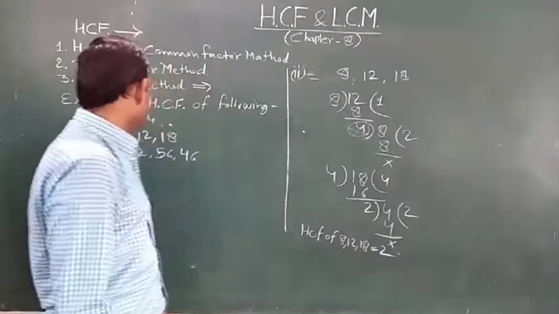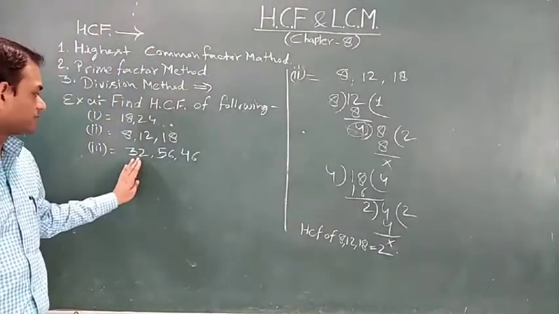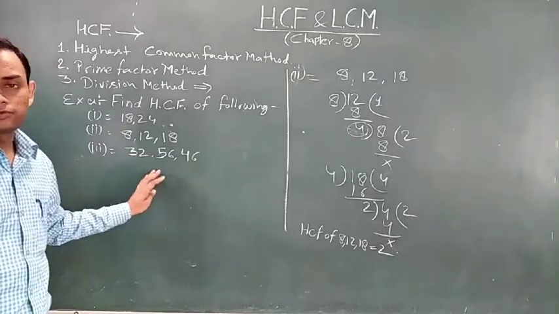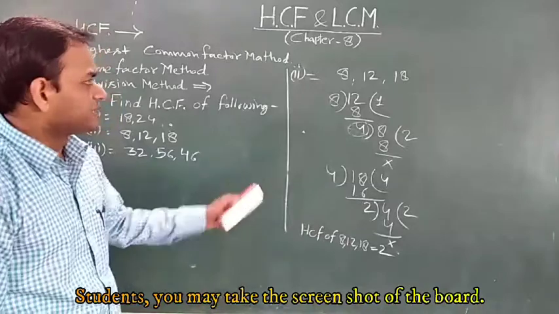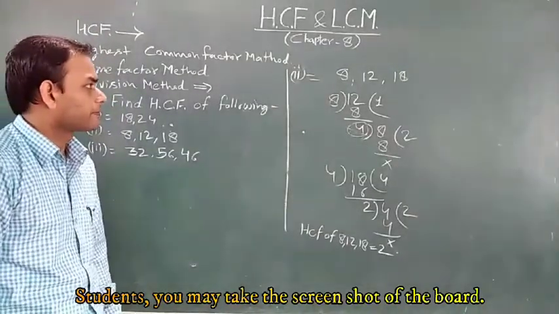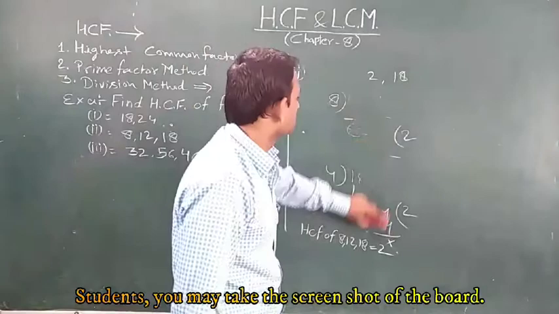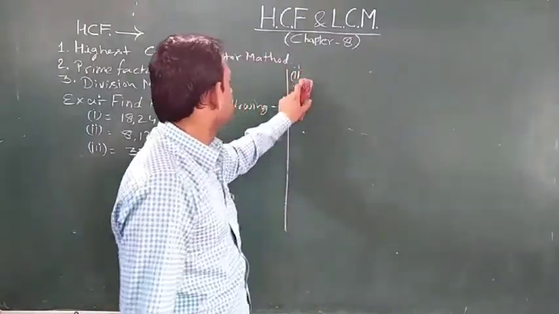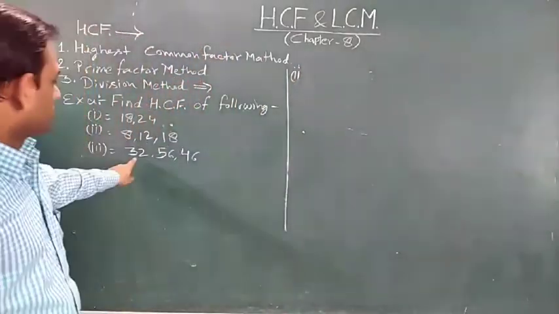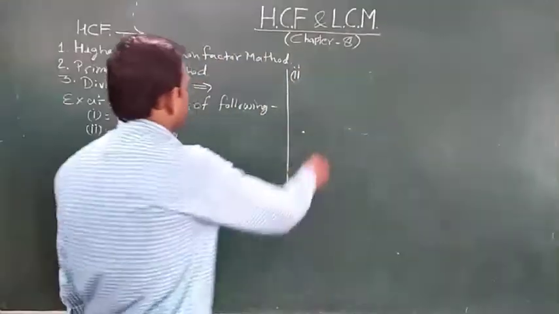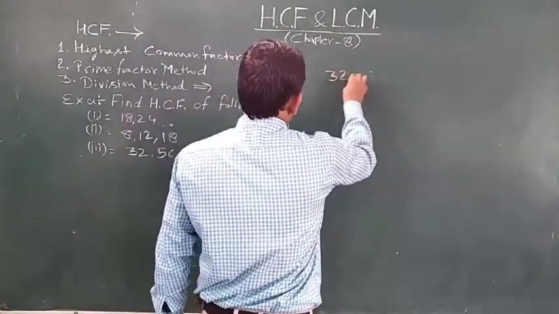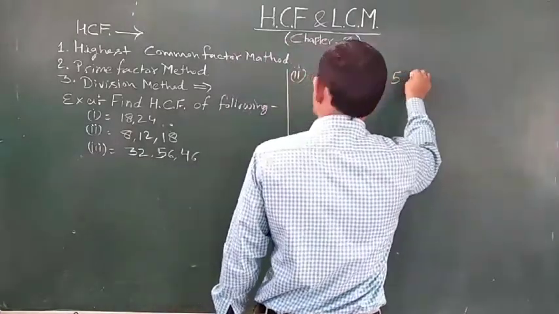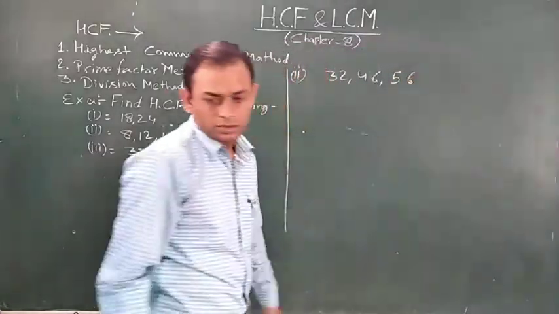Got it? Now we will take the third example, 32, 46 and 56. We will find the HCF of the three of them. You just take the screenshot of this. 32, 46 and 56.